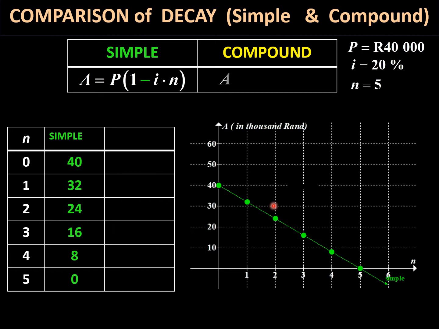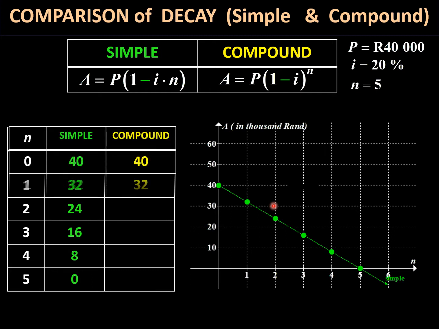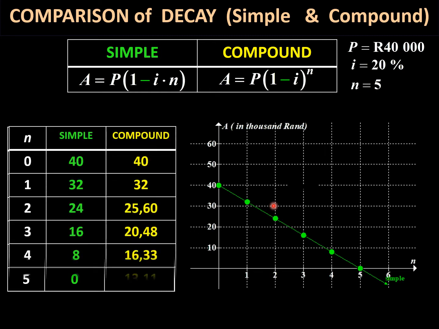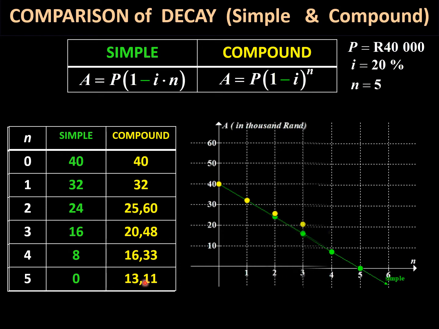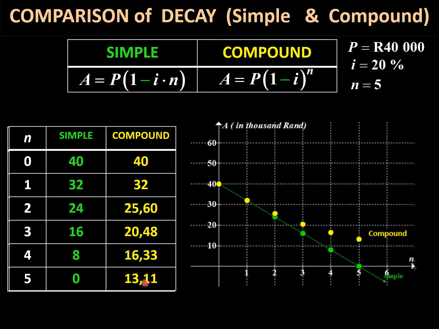Now let's look at the compound decay. There's the formula for compound, 1 minus i to the n. And we start off with 40,000, and then after the first year it's the same. And then it just decreases gradually. But this one here will not end up with a 0, whereas the simple one does. If we just look at it graphically, you can see it's not linear.